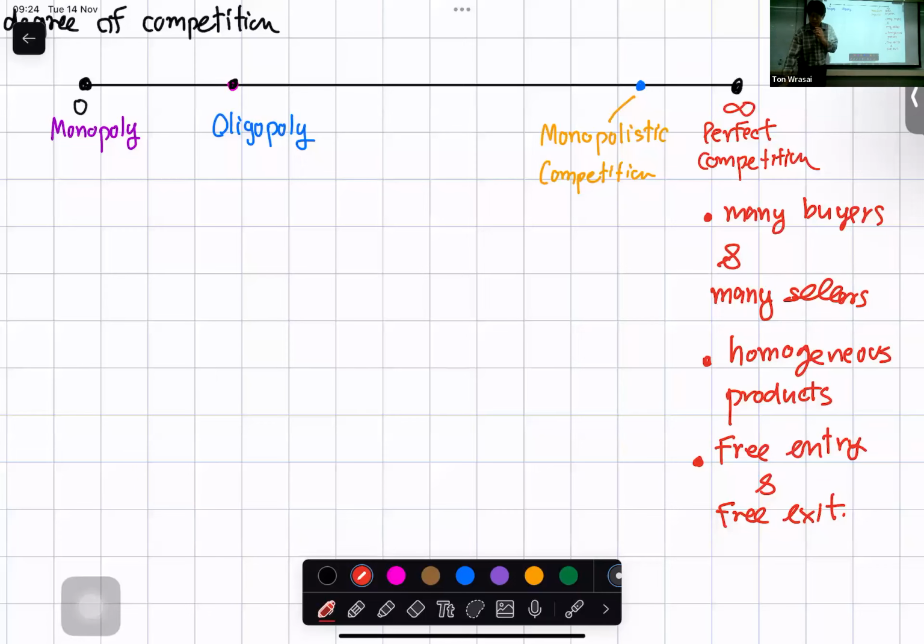Now we move to look at another extreme, monopoly, ผูกขาด. Issue number 1. Many buyers, of course, and a single seller.